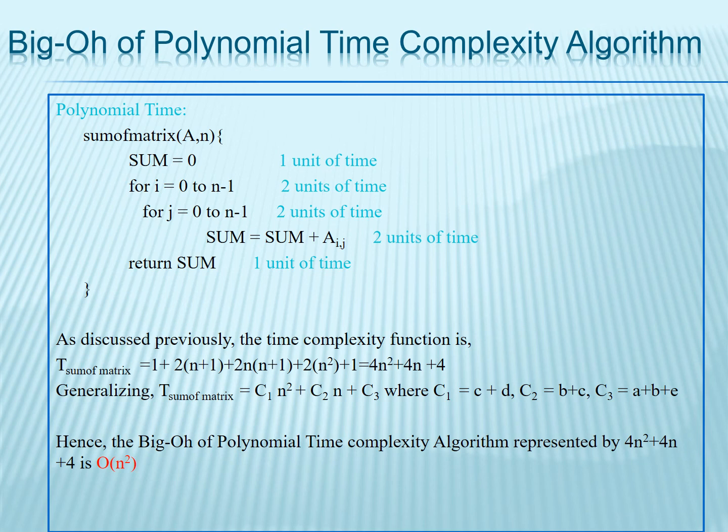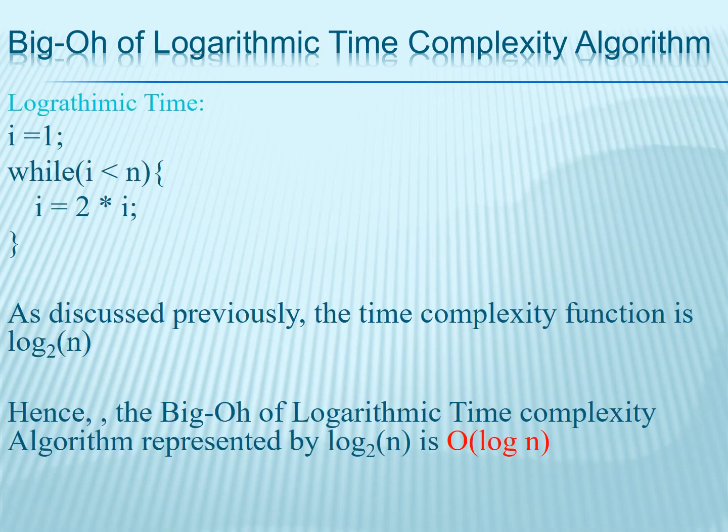Hence, the big O of the polynomial time complexity algorithm is big O of n square, where 2 is the maximum power of the time complexity function that represents the algorithm. The big O of logarithmic time complexity algorithm is represented as big O of log n.